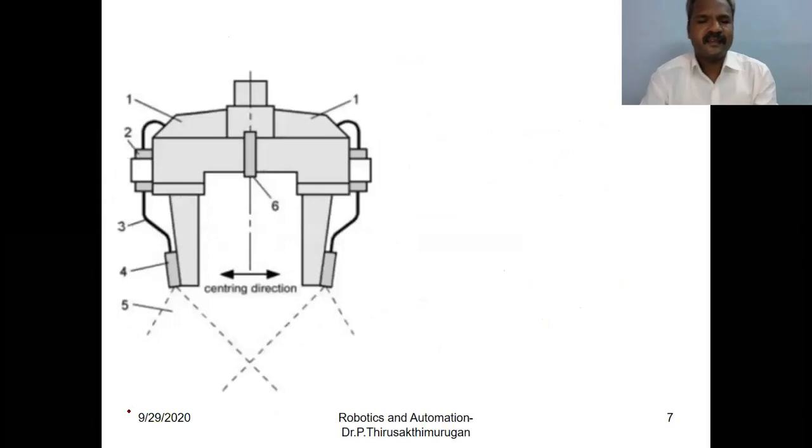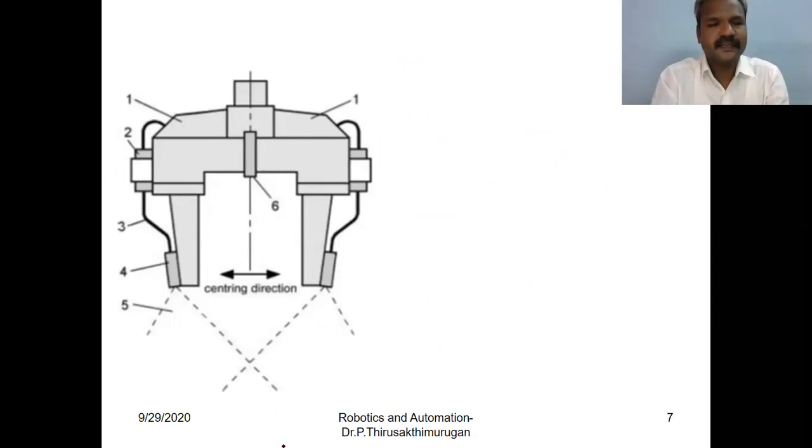So this is another sensor. This uses directional sensing. Here one is the body of the gripper, with the various electronics equipped inside.